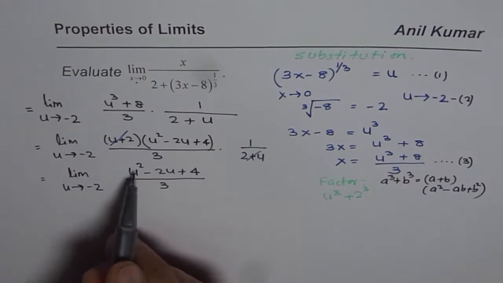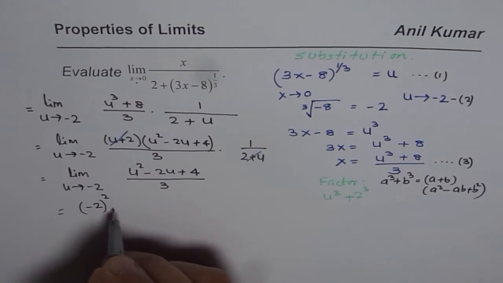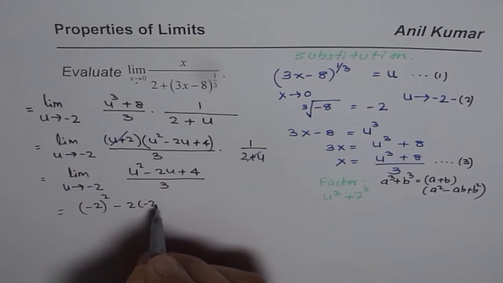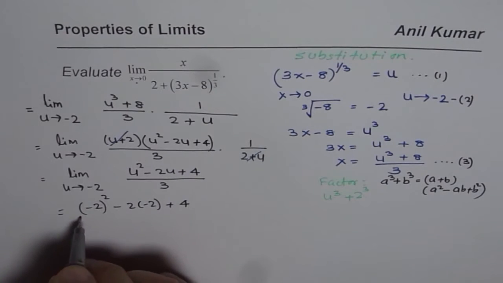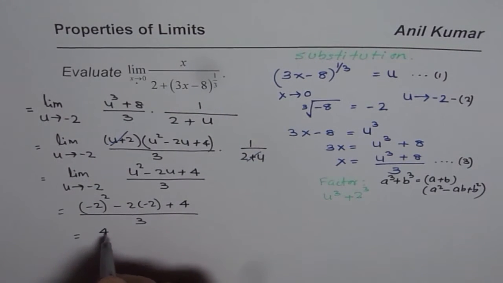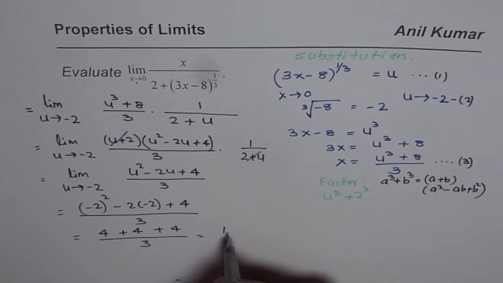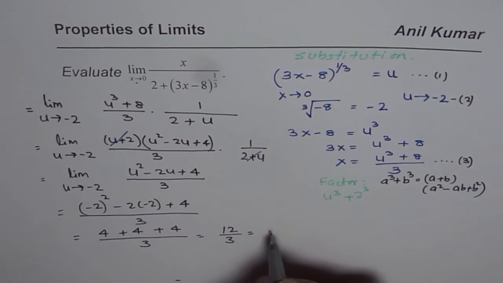So let's substitute minus 2 to find the limit. So we have minus 2 square minus 2 times minus 2 plus 4, divided by 3, and that gives you 4 plus 4 plus 4 divided by 3, that is 12 over 3, or 4, right?